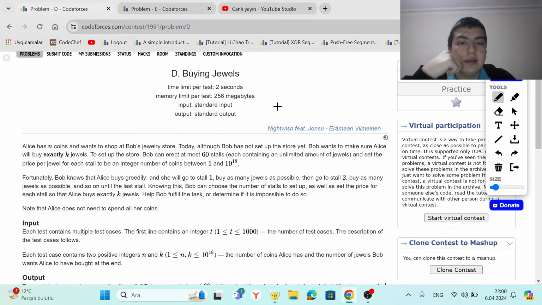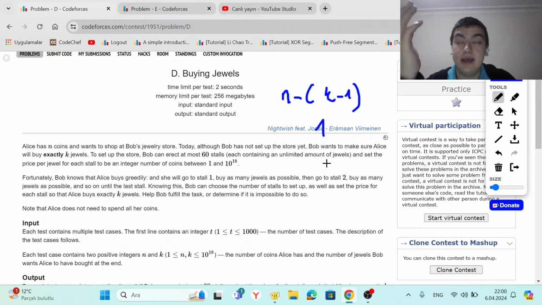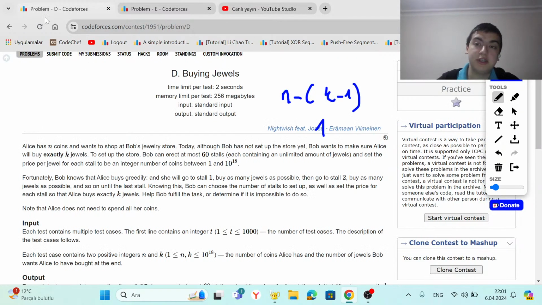Why is outputting n minus k minus 1 and 1 optimal, and there is no solution other than it, if it is a necessary and sufficient condition? Think about putting anything else to the output.